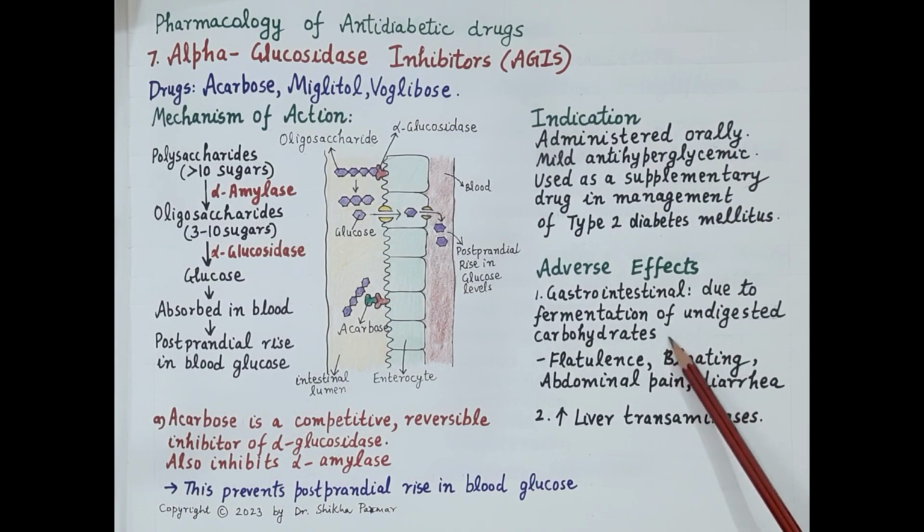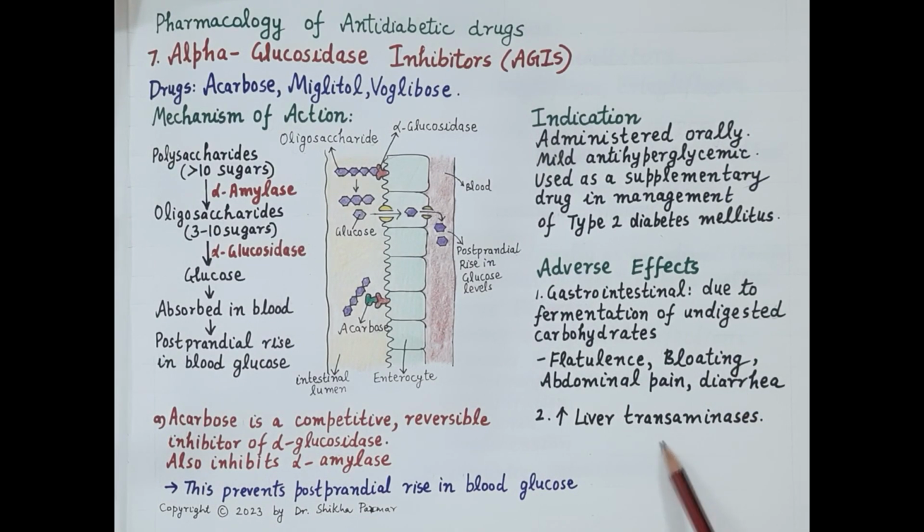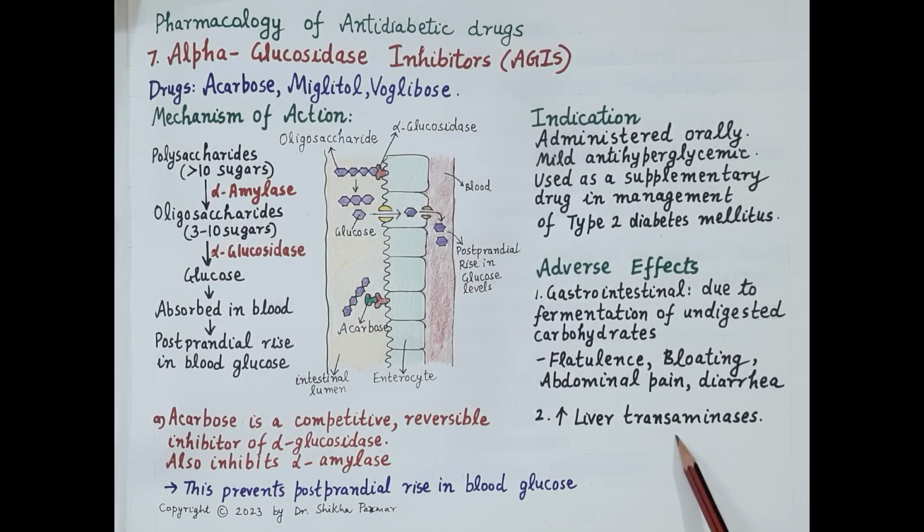This excessive generation of gas is responsible for adverse effects like flatulence, bloating, abdominal pain and diarrhea. In addition to this, acarbose can cause an increase in liver transaminases. Therefore, monitoring of liver function is essential. So, this is in brief on pharmacology of acarbose.